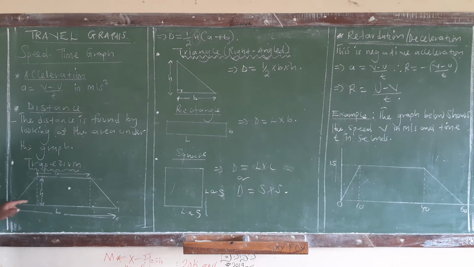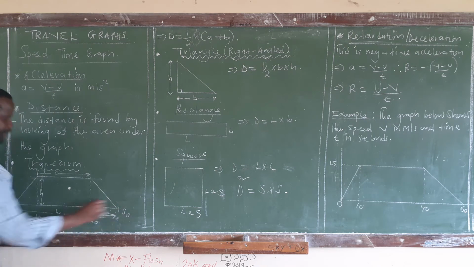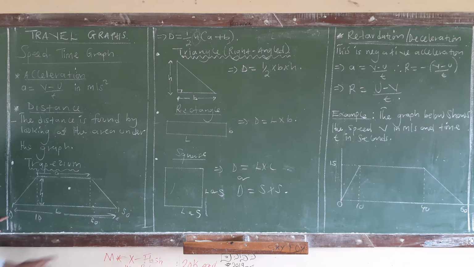Again, here you must be careful how to get A. So we are saying for A, suppose this is 10 and here it is 30. So your A is the distance from 10 to 30, and the difference there is 20. So you say this minus that. If this is 0 and this is 50, it means your B is 50 minus 0.